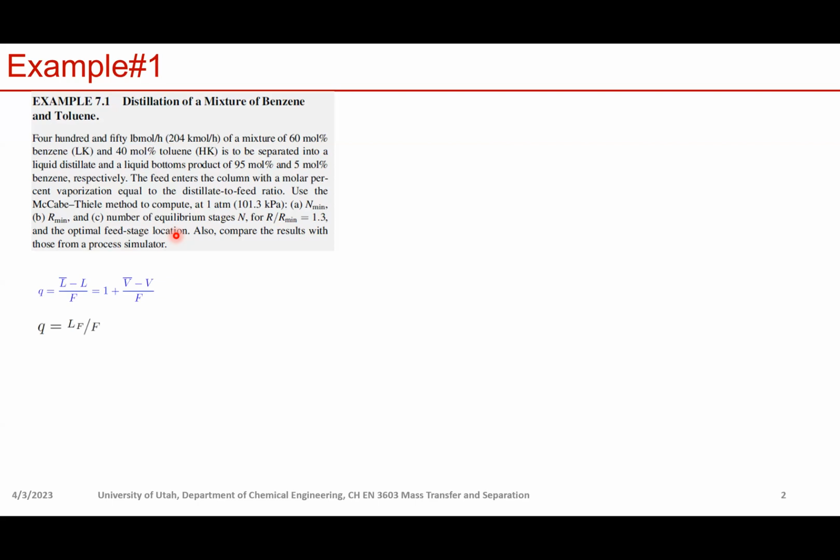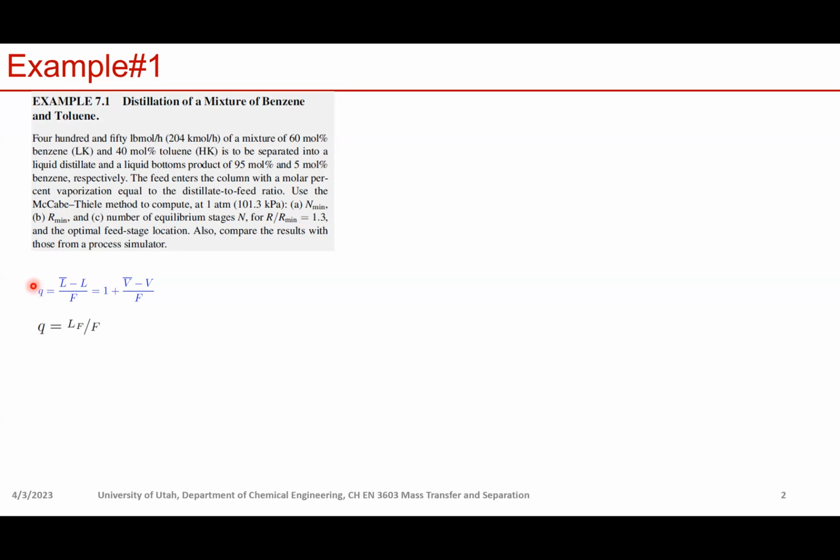Here, in order to find out the R minimum, we need to get the Q line. In order to get the Q line, we need to know the feed composition, which is already known, and we also need to get the slope of the Q line, which depends on q.